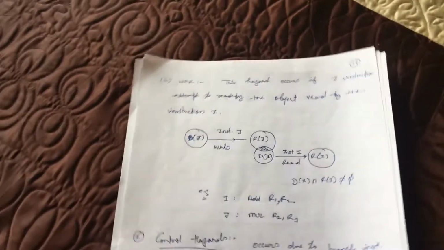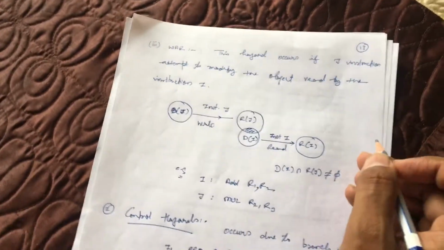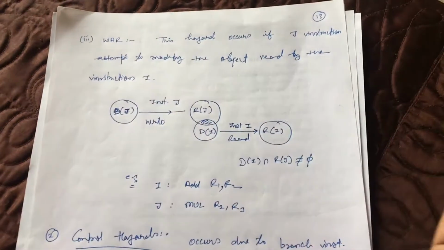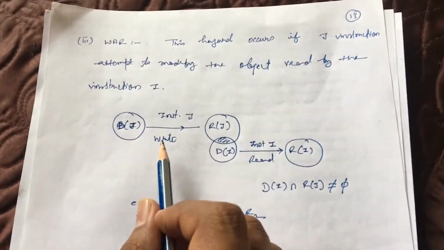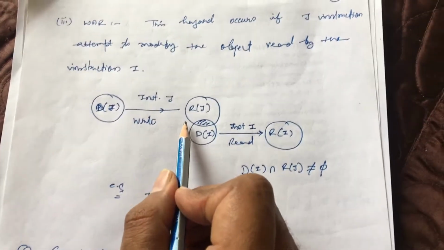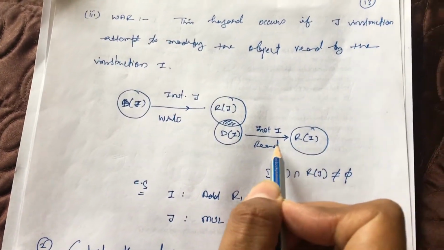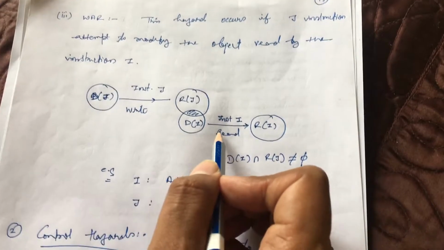And in the second case, this is the reverse of read after write, which is write after read. In this case, we are writing something, and after the writing operation the data has changed, which is being read by the instruction I as its original, but now it has changed.